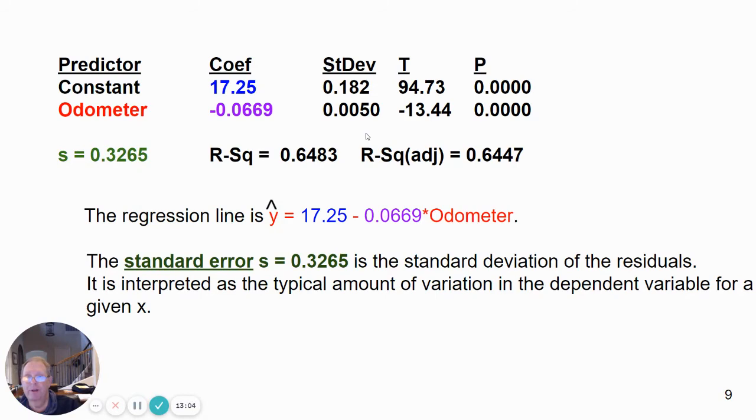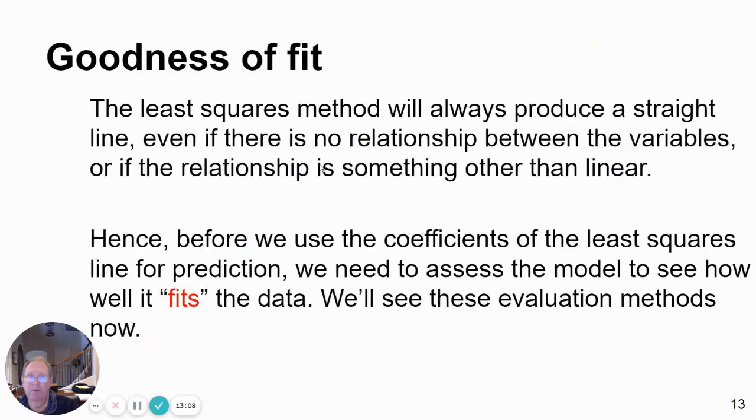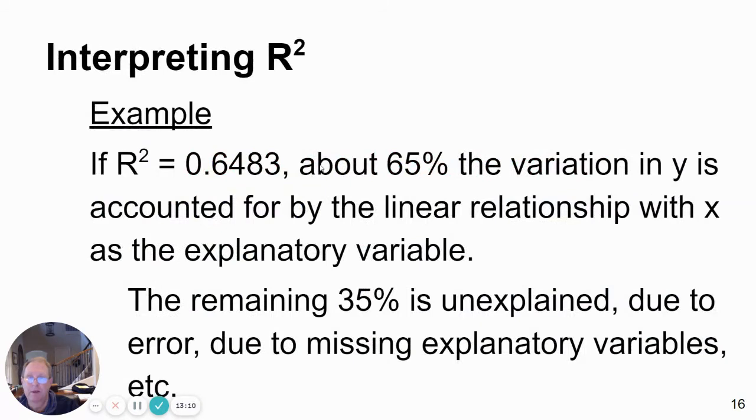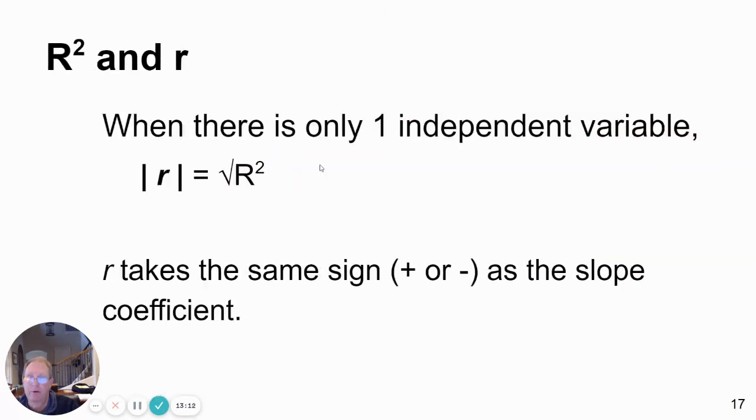Here's my R squared right here, 0.6483. That was my R squared for this problem. So we give you the R squared and we ask you to calculate the correlation coefficient R. And so we take the square root, but now we still have to decide, does R have a positive sign or a negative sign? And it always takes the same sign as the slope coefficient.